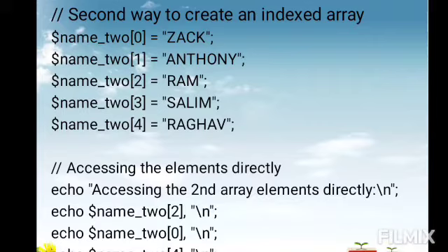That is, $name2 of 2 will print Ram, $name2 of 0 will print Zach, etc. So an indexed array can be created by two methods: using an array construct or array function, or by assigning a value.